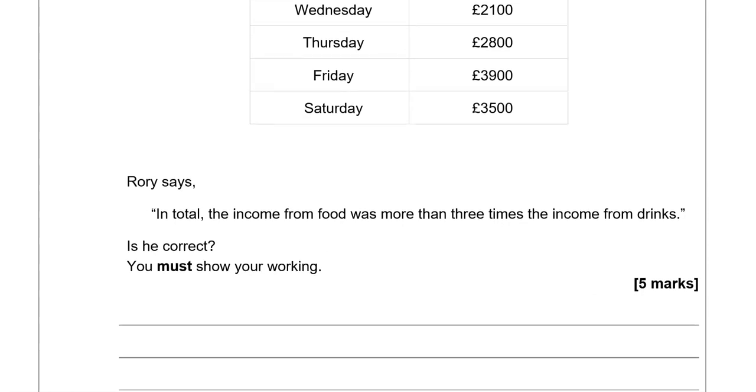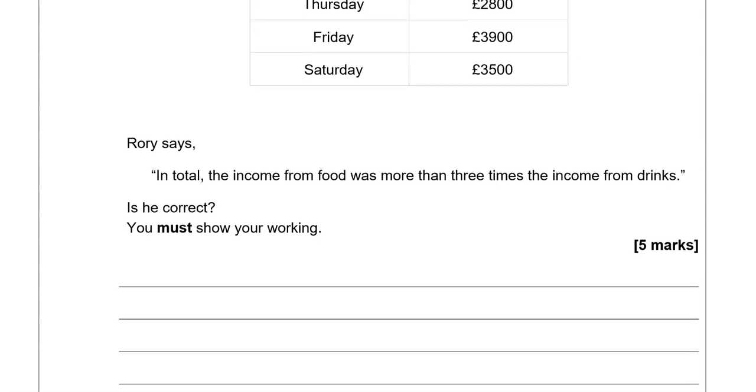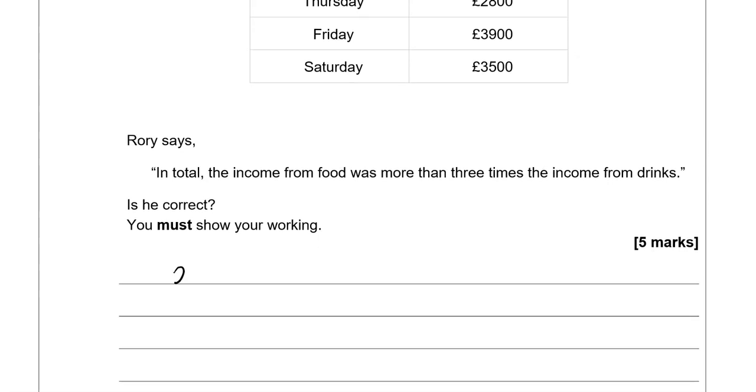So 2,100 add 2,800 add 3,900 add 3,500. Using a calculator gives us 12,300.